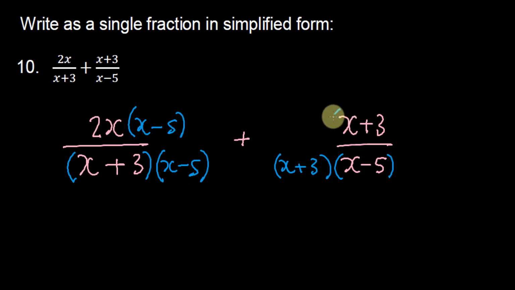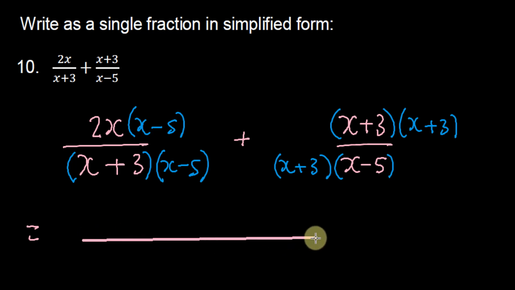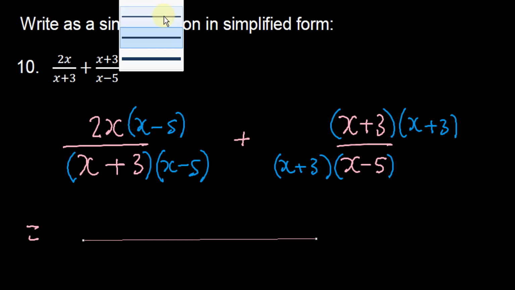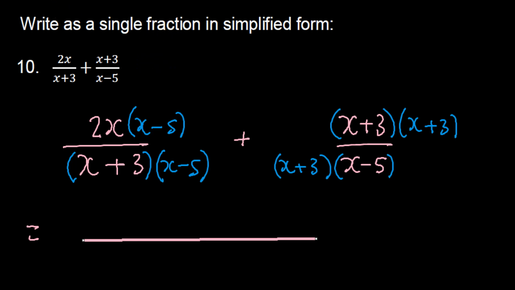And the x plus 3 here by x plus 3. The denominators are the same now, so we can write everything over one denominator. So all over x plus 3 times x minus 5.